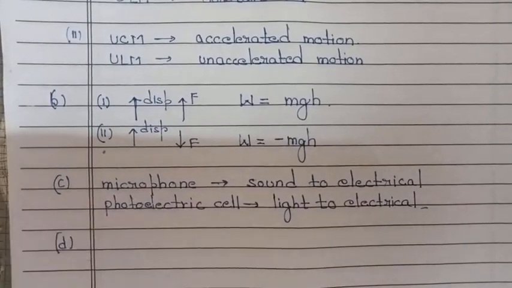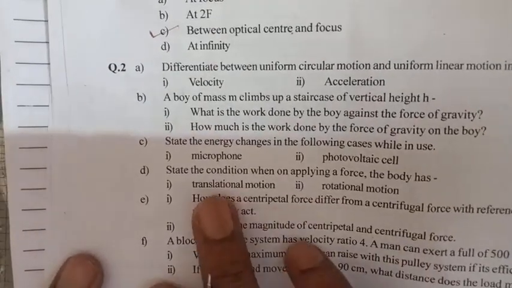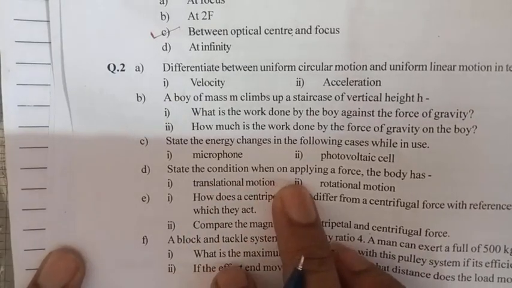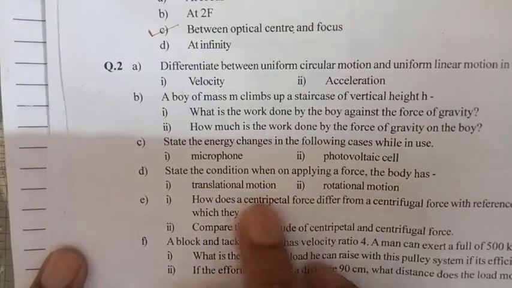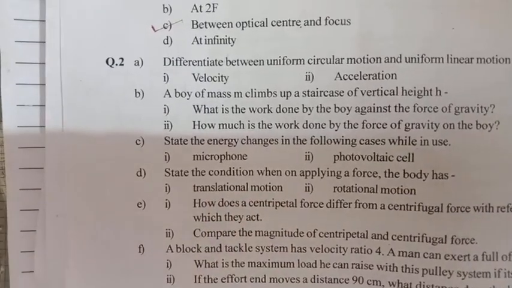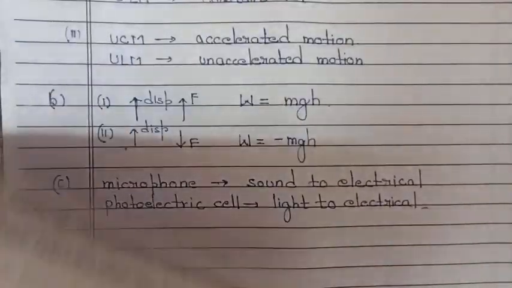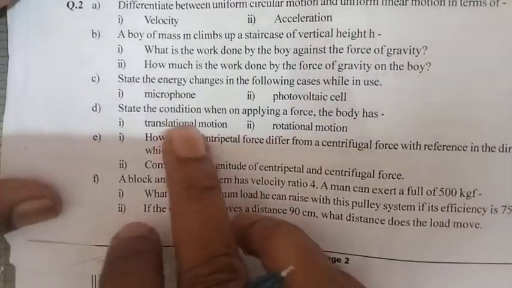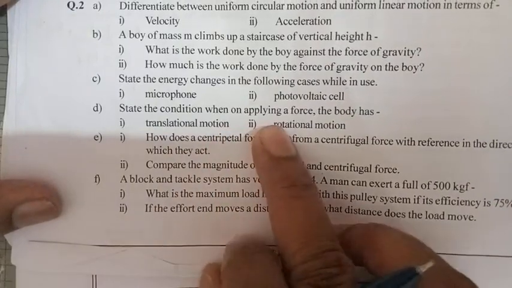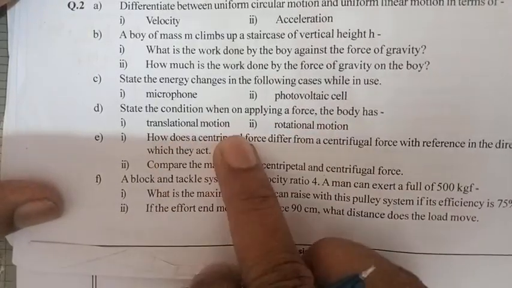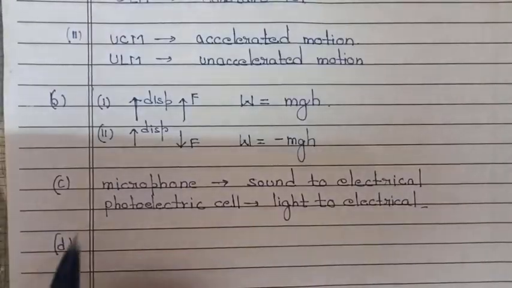Now moving on to the D part. The D part says, state the condition when on applying a force the body has translational motion and rotational motion.